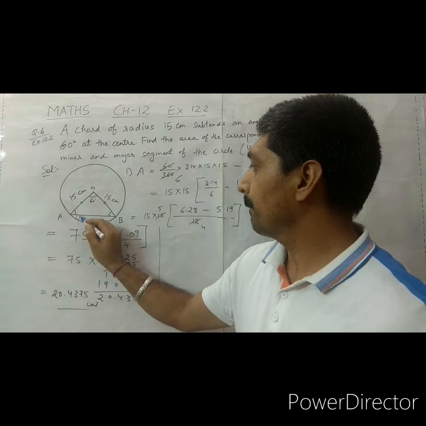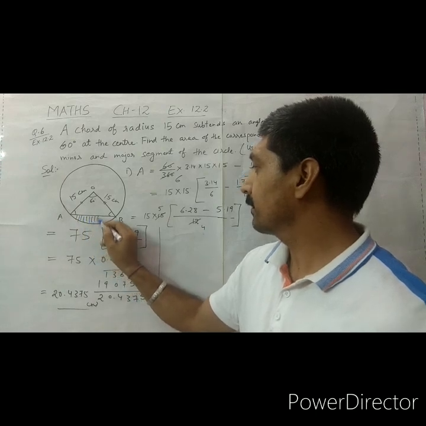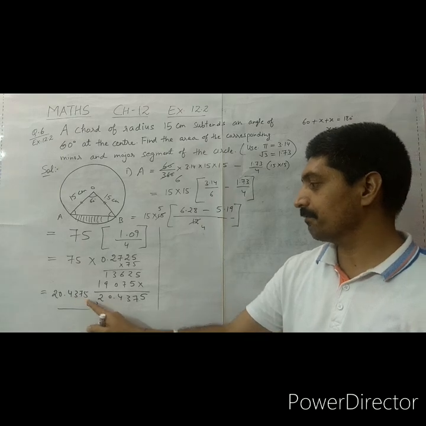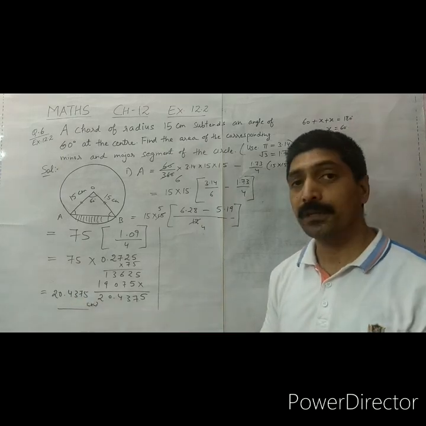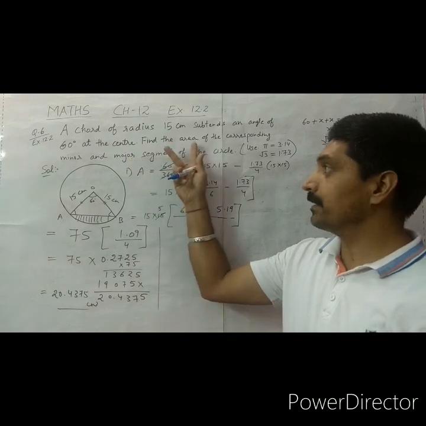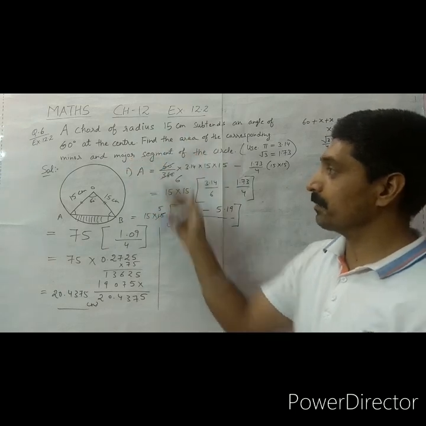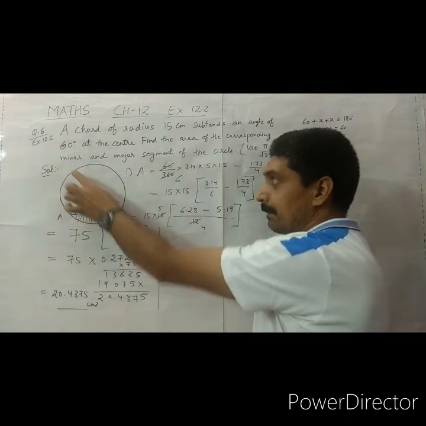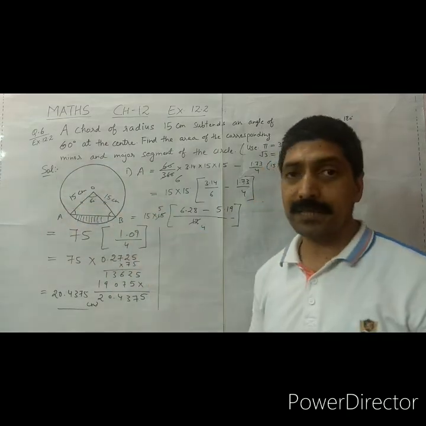The area of the minor segment, this is the minor segment, this area is 20.4375 centimeter square. Now to find the area of the major segment. The area of the major segment is the area of the complete circle minus the area of the minor segment.